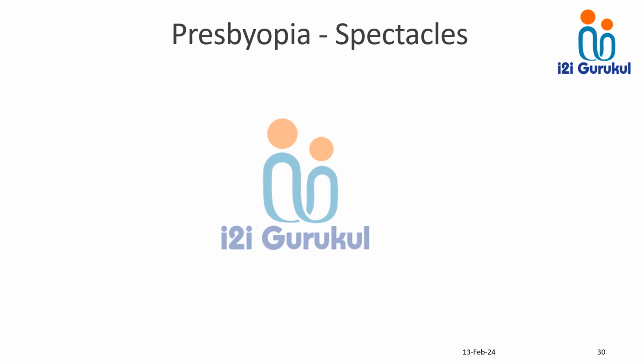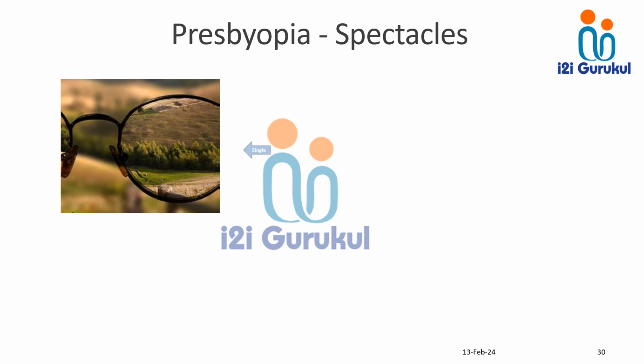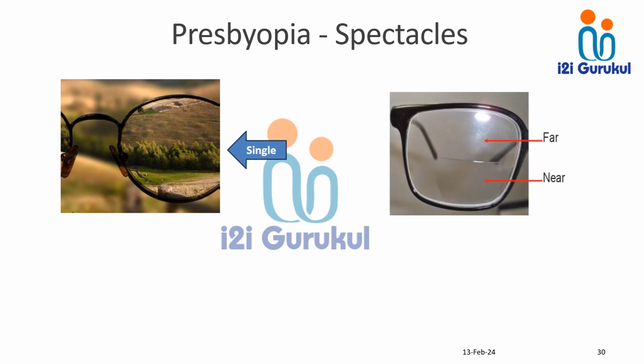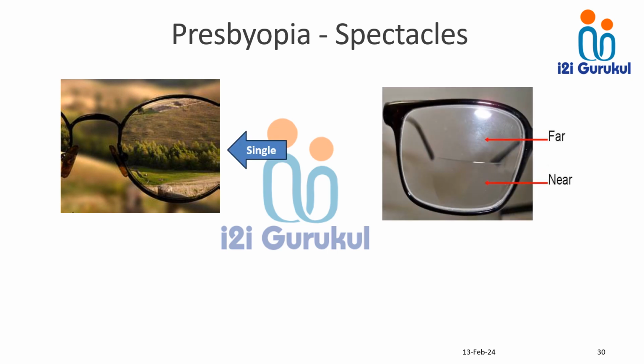So what are the options available to correct presbyopia? Single vision can also be prescribed for only near activity. Those who have limited near activity can use a single vision prescription, that is, single vision glasses.